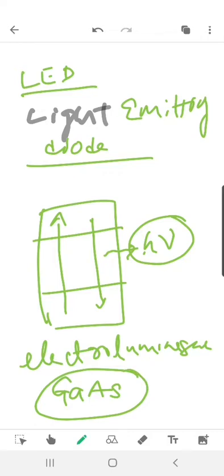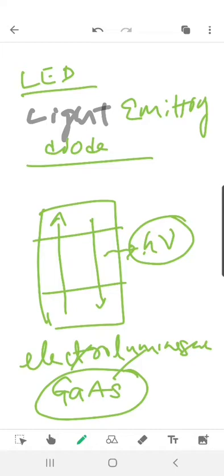Gallium and arsenic are not semiconductors by themselves, but since gallium is a trivalent impurity and arsenic is a pentavalent impurity, when they both combine, gallium will have 3 and arsenic will have 5 electrons, so they will somehow work as a tetravalent, that is a 4 valence electron material. So gallium arsenide is a direct band gap semiconductor.